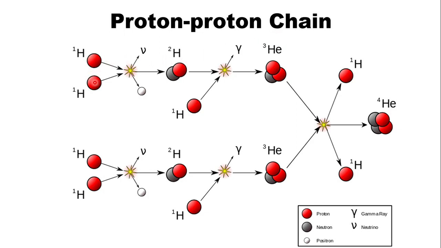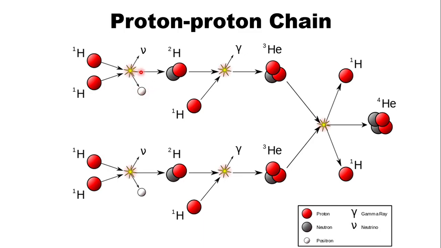So what happens here, you can see, is that 2 hydrogens will collide to form a heavier hydrogen nucleus. It's called a deuterium, with 1 proton and a neutron. In the process, it releases a little neutrino that balances all the mass. It releases a little neutrino and a positron, which is a particle of antimatter.